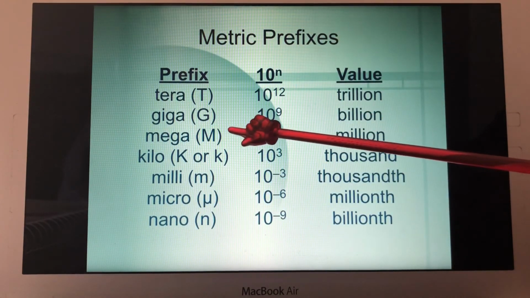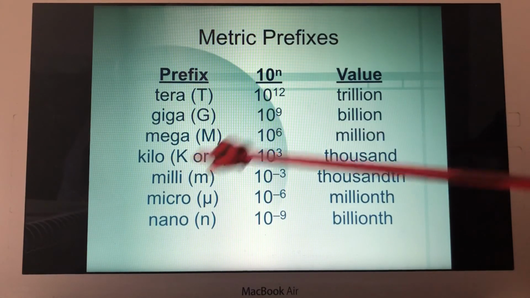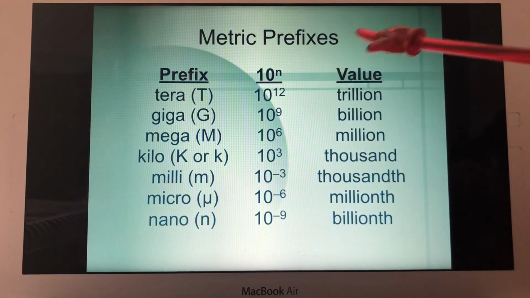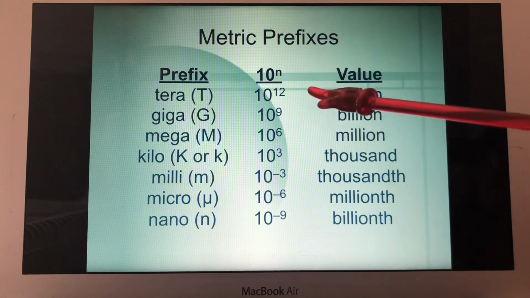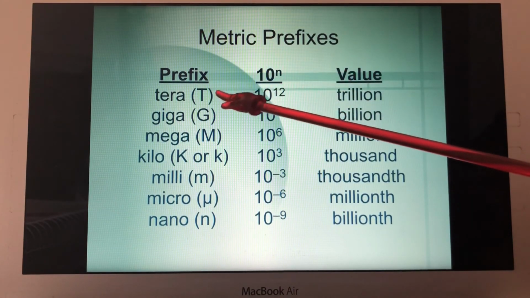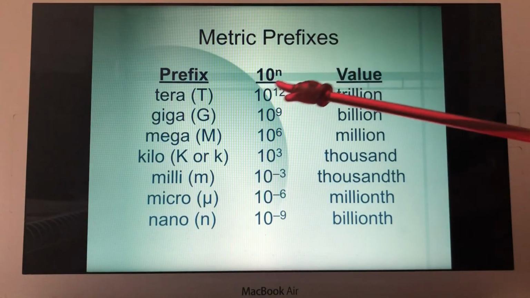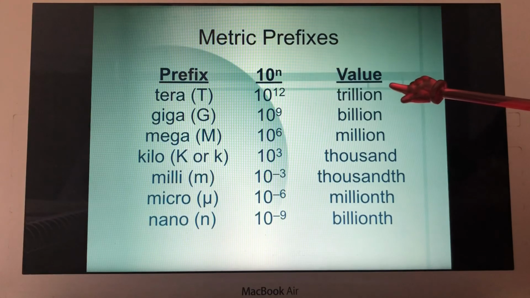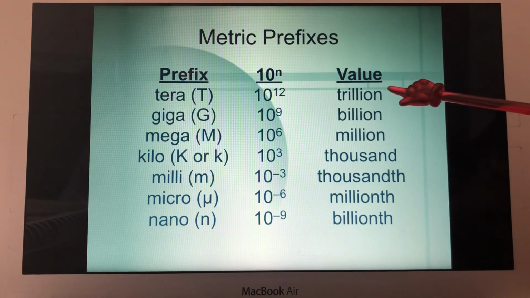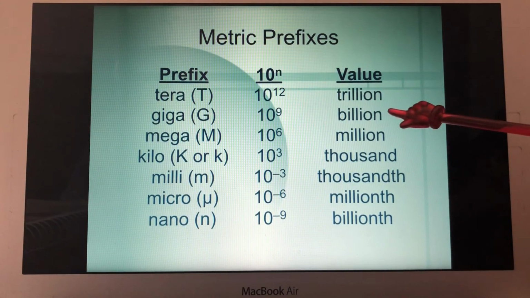Okay, how much memory they have, megabytes or gigabytes. If you buy an extra storage or flash drive for your computer, you could have up to 1 or 2 terabytes. Well, each of those, their values are: terabyte is trillion, giga is billion, mega is million.